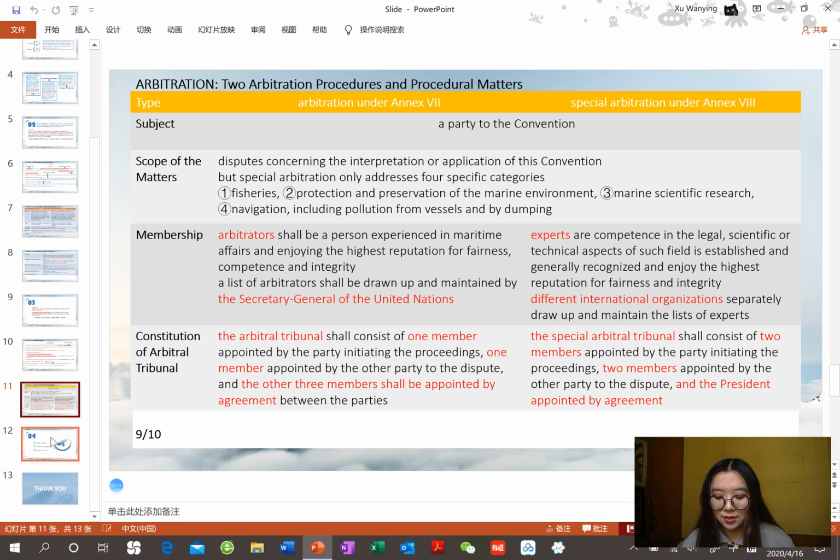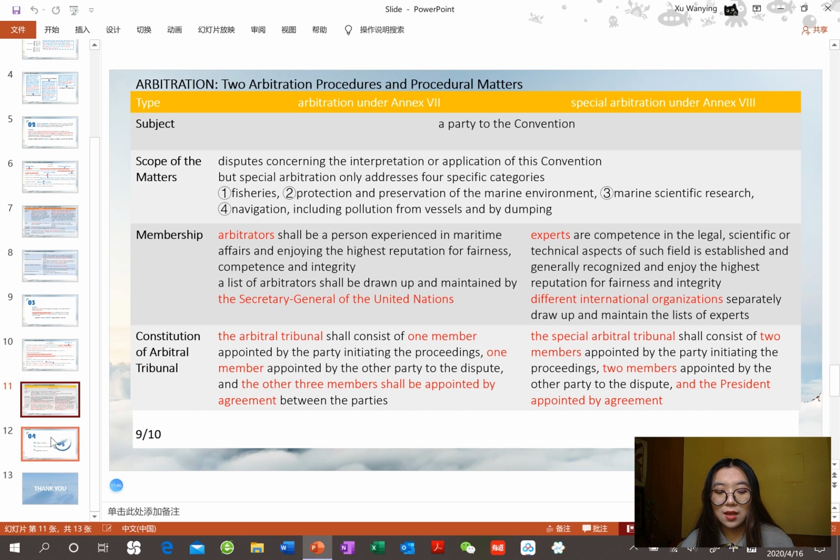There are 4 specific categories of disputes that could be submitted to the special arbitral procedure, including fisheries, protection and preservation of the marine environment, marine scientific research, and navigation, including pollution from vessels and by dumping. Of course, these 4 categories of disputes can also be considered by the arbitration procedure under Annex 7.